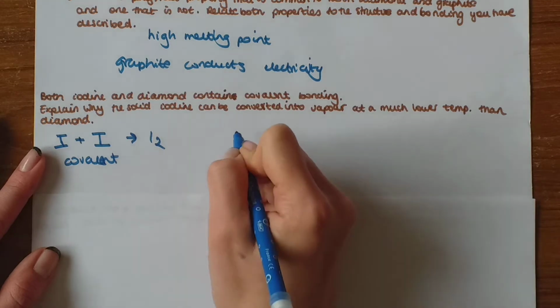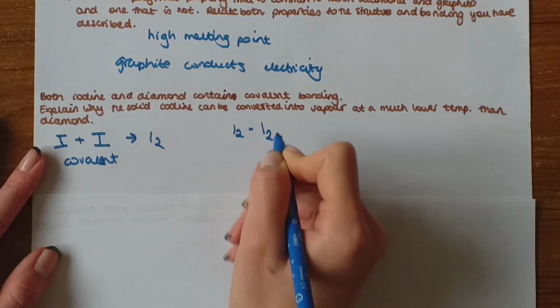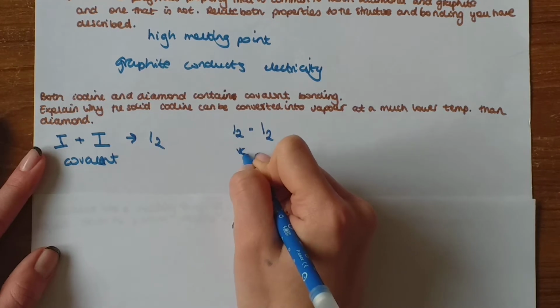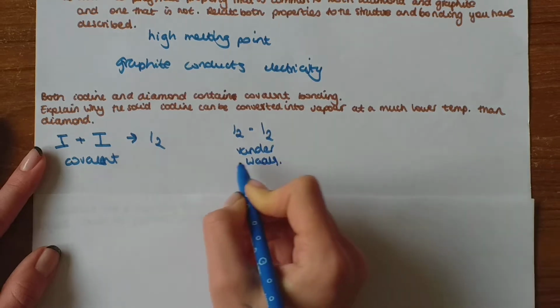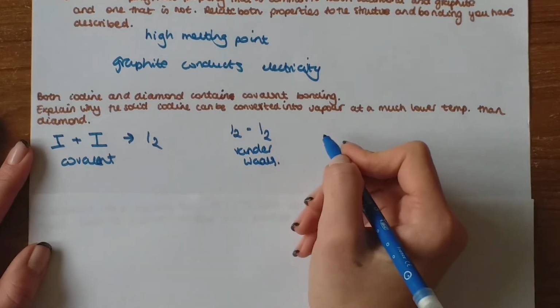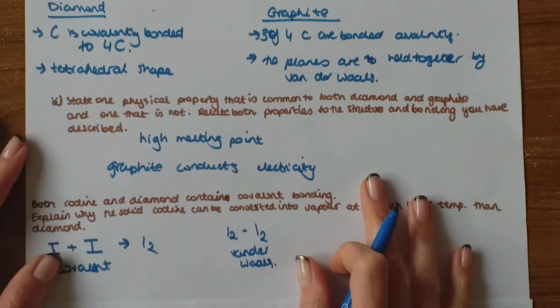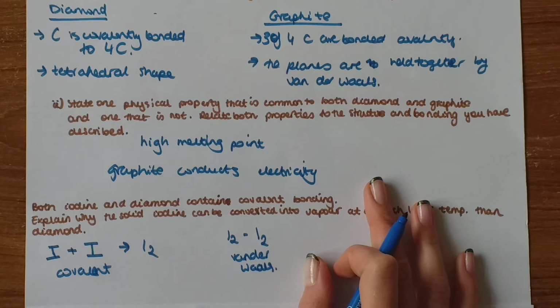However, when these I2 molecules bond with another I2 molecule, they actually bond only by the weak van der Waals forces. However, diamond, as we just said, has very strong covalent bonds between carbons.